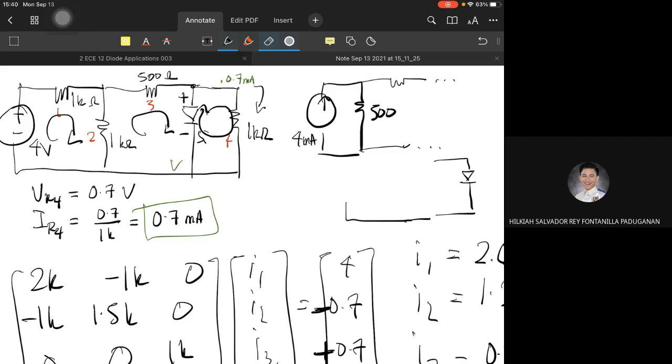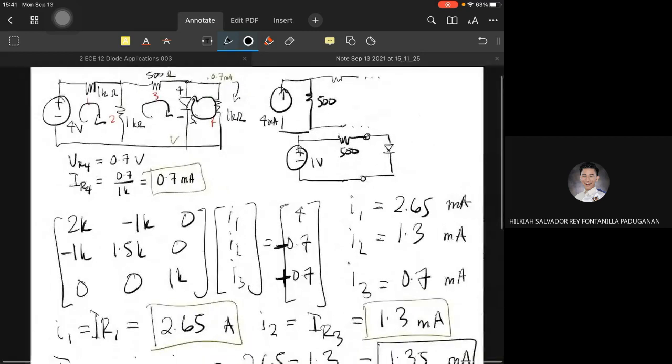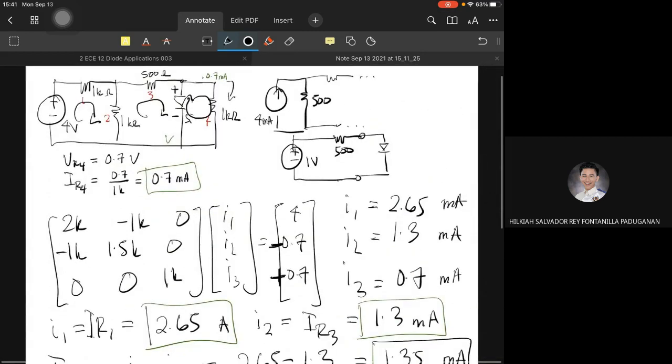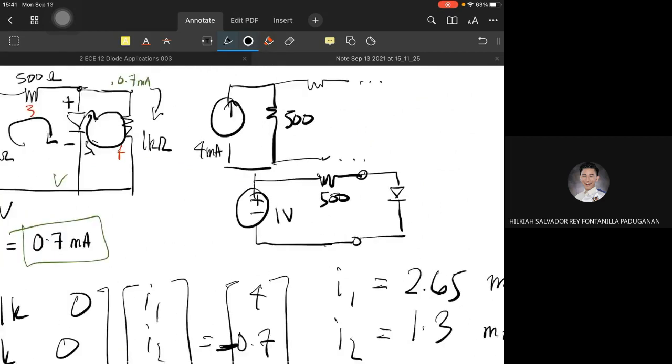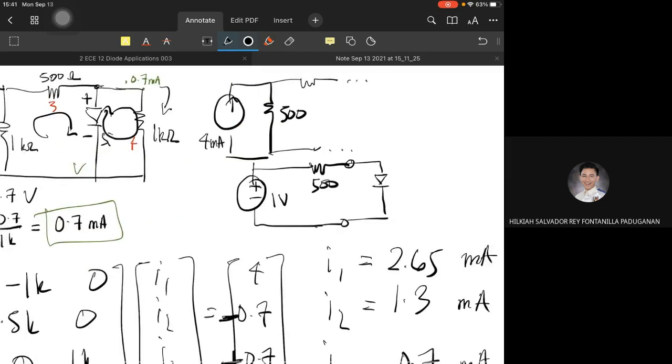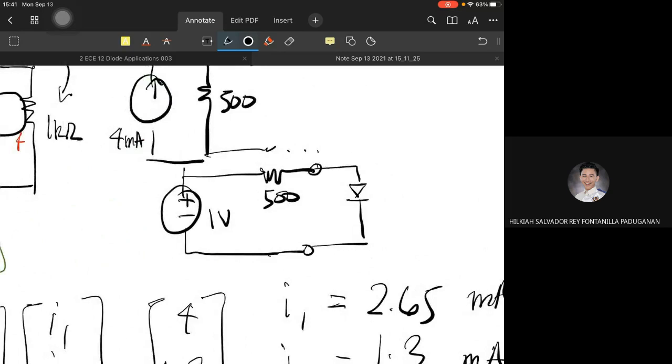Yung final circuit, ani, is 1 volt, then kani 500. And the photo. Base ani, po na to ang diode voltage. So, base ani, maning final, kung nag-perform tag source transformation, then mo na ito makuha ng final circuit.